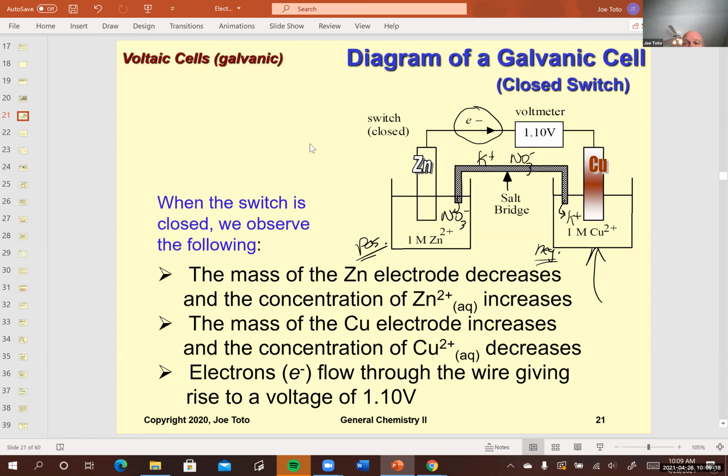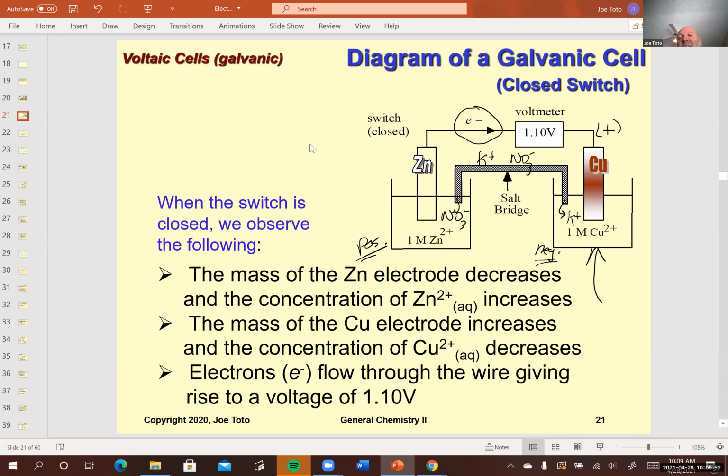While I'm here, let's talk a little bit about a few of the other definitions. Since electrons are flowing to the copper electrode and electrons are negatively charged, it would make sense that this electrode over here is given the convention sign of positive, because electrons go towards positive things.